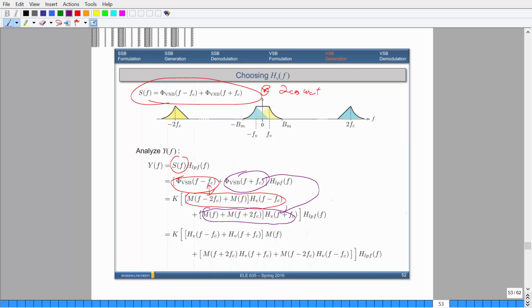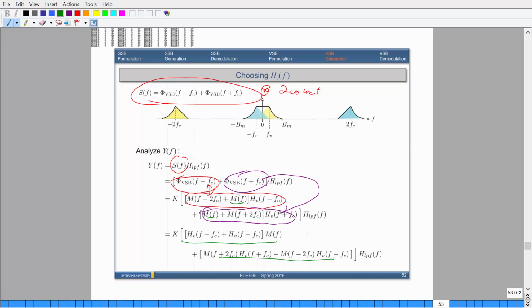Now when we apply a low-pass filter, remember, anything going beyond the bandwidth of the message signal gets filtered out. So when you apply your low-pass filter, these components at 2f_c will go away. What we're going to do now is some factoring. There are some components of M of f, which we've gathered over here, and some components of M of f minus 2f_c and plus 2f_c, which we've also gathered over here.